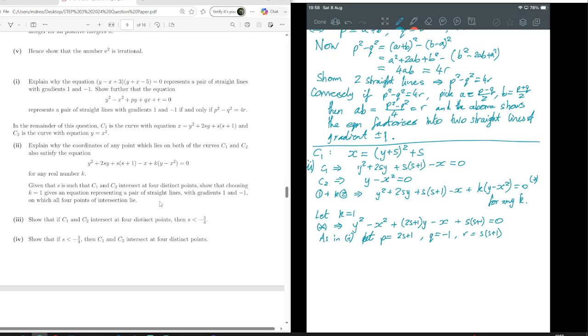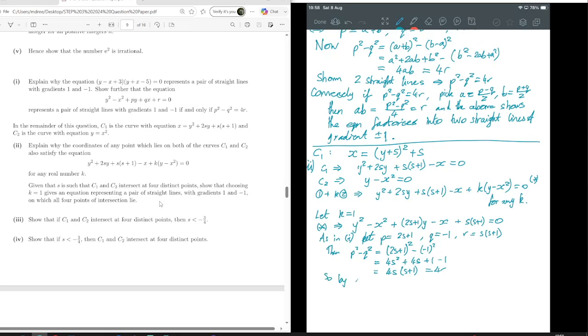So I need to check that p squared minus q squared, yep, then p squared minus q squared is equal to (2s plus 1) squared minus (negative 1) squared, which is 4s squared plus 4s plus 1 minus 1, which can be written as 4s(s plus 1), which equals 4r.